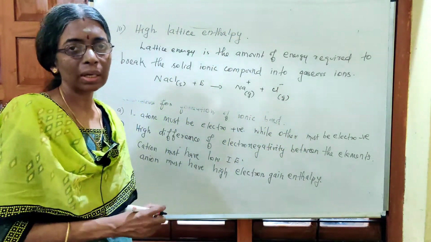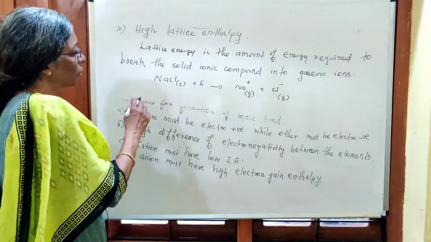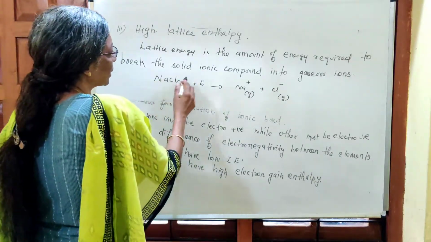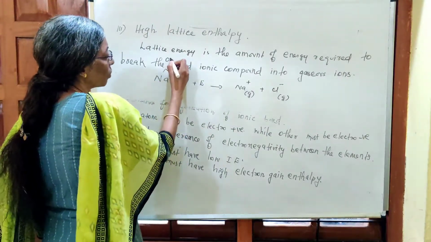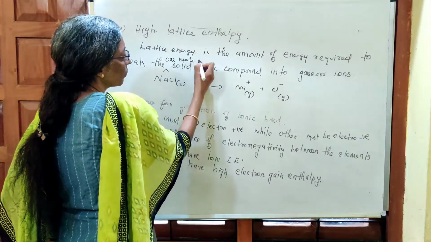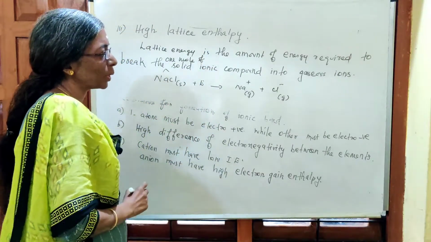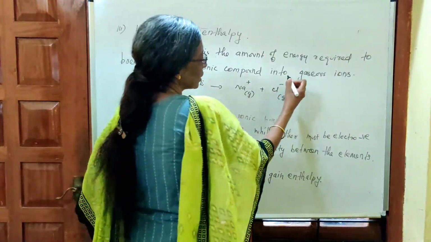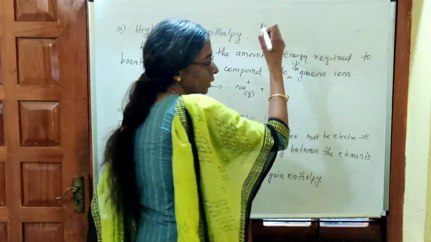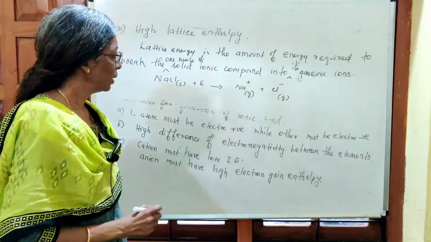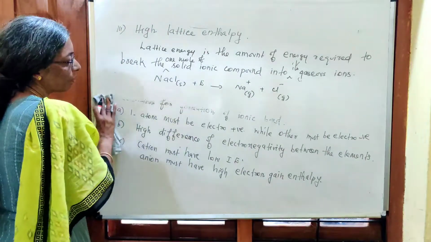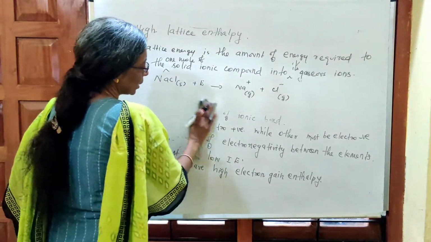Okay, that is called lattice enthalpy. The amount of energy required to break 1 mole of solid ionic compound into its gaseous ions. Okay, so first one, Na plus and Cl minus, right?